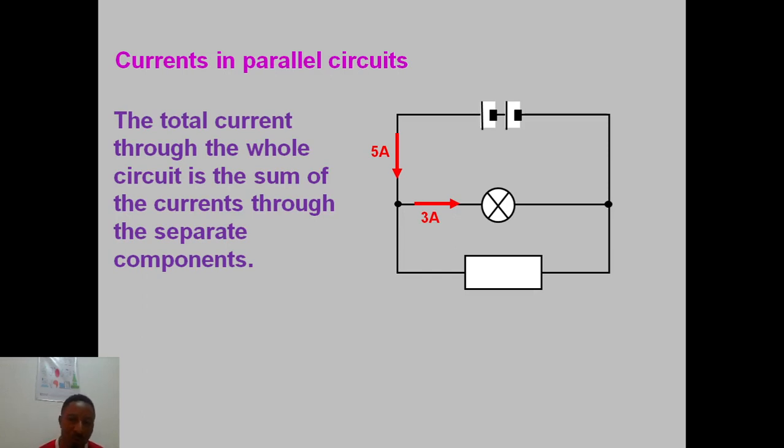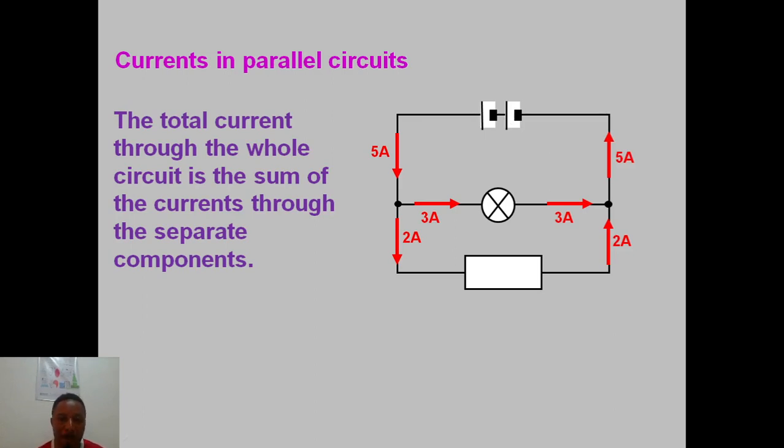Of course, it's also going to be branched. 3 amps flow to the bulb, while 2 amps flow to the resistor here. At the end of the day, they combine and come out as 5 amps back to the negative side of the battery.